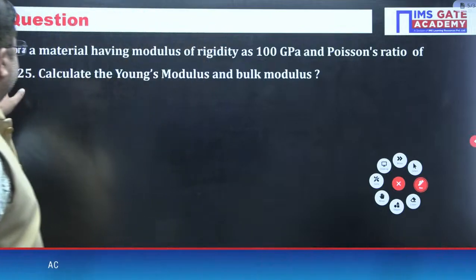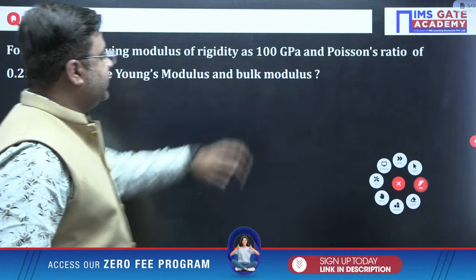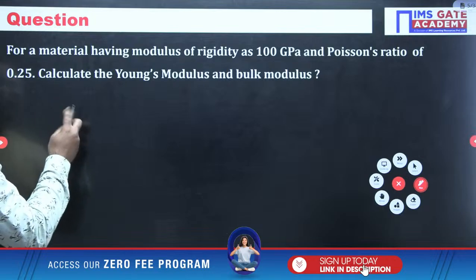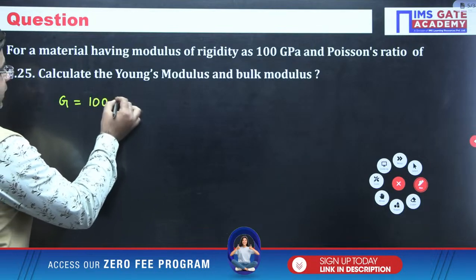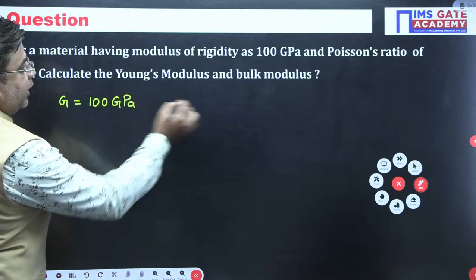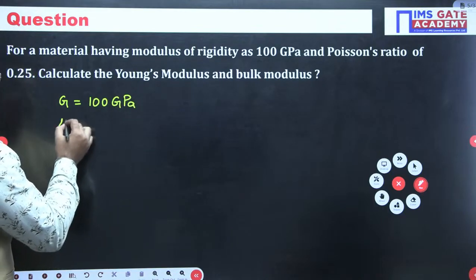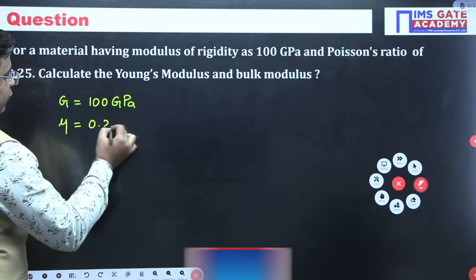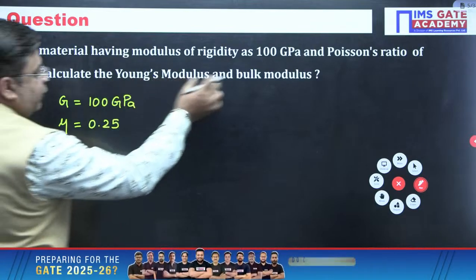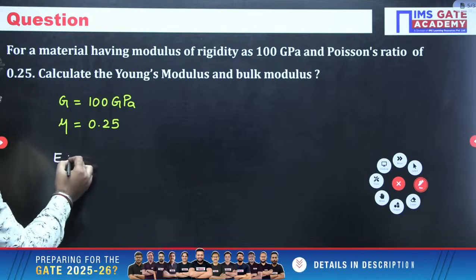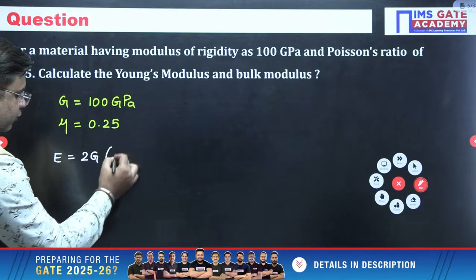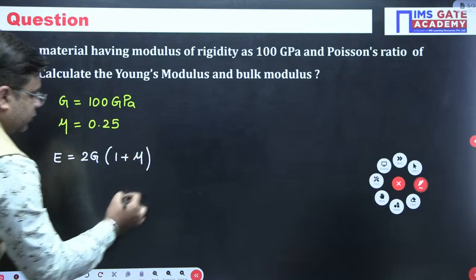So the question is saying for a material having modulus of rigidity G as 100 gigapascal, and the Poisson's ratio of 0.25, mu is equal to 0.25. You need to find out the value of Young's modulus and the bulk modulus. So first I will use this relation E is equal to 2G into (1 plus mu).